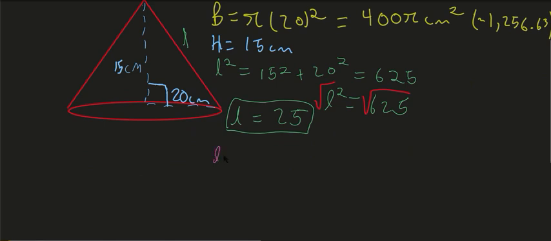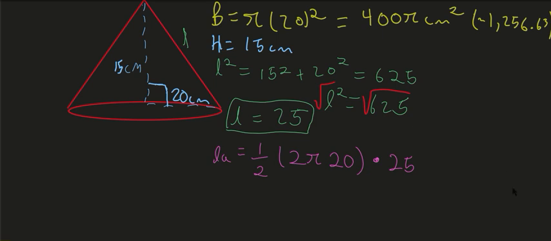Our LA should be the equation, the half of the perimeter of this, which is 2 pi r, but the r is 20, so 20, and then times the L, which is 25.